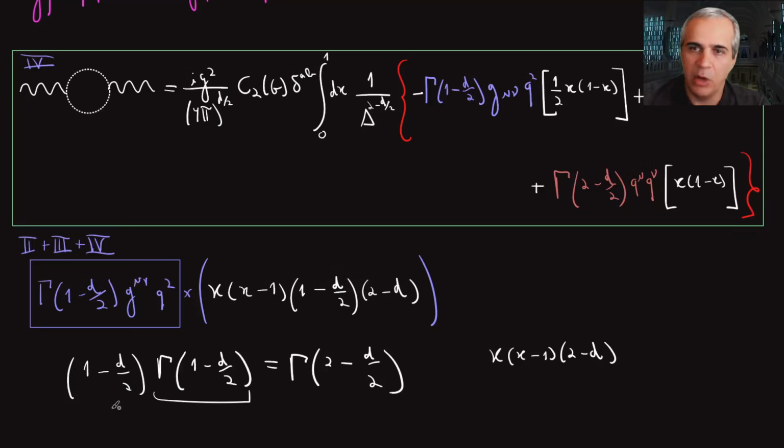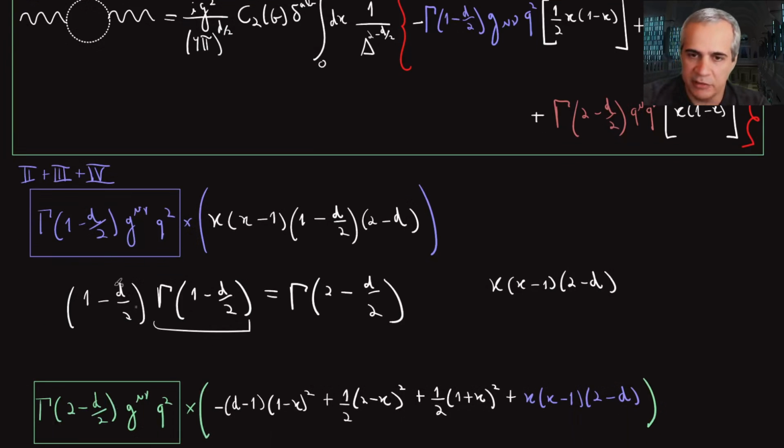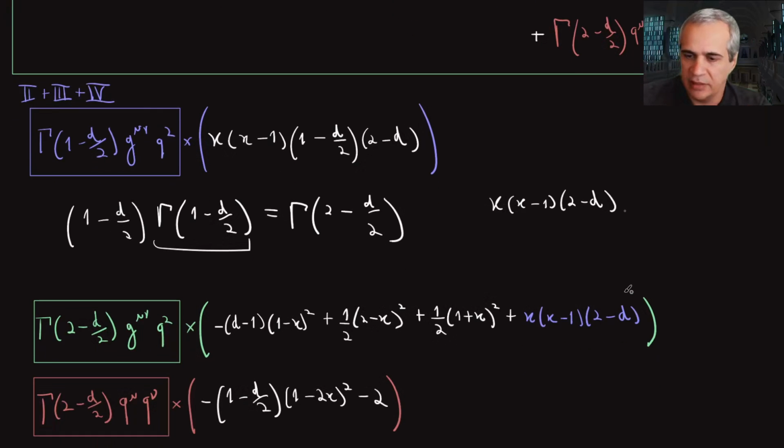So now when we go to the other function, this one, we have to add this extra piece. This has become the same as this structure here. Also, the red one here, which is the same gamma function times q mu q nu, got a new contribution from the ghost propagator, so I have to add it.